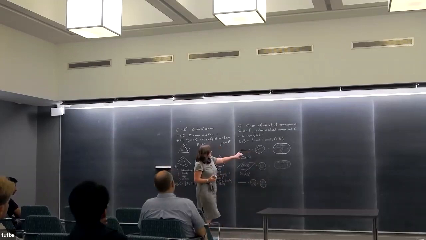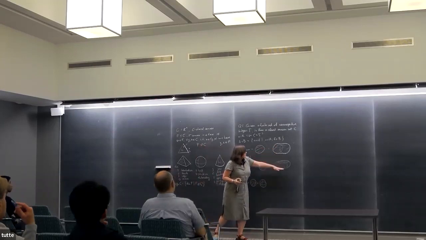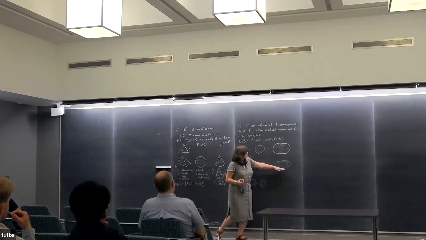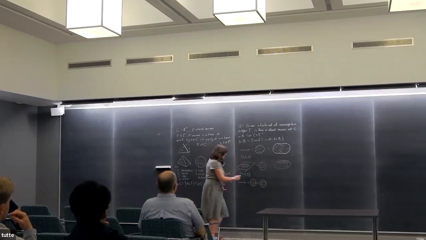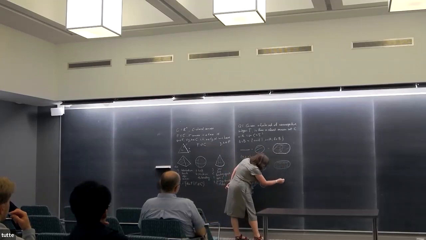So the resulting set will be something like this on top, something like this on bottom, and then this kind of boundary, right? So I'll get a set that looks like this.